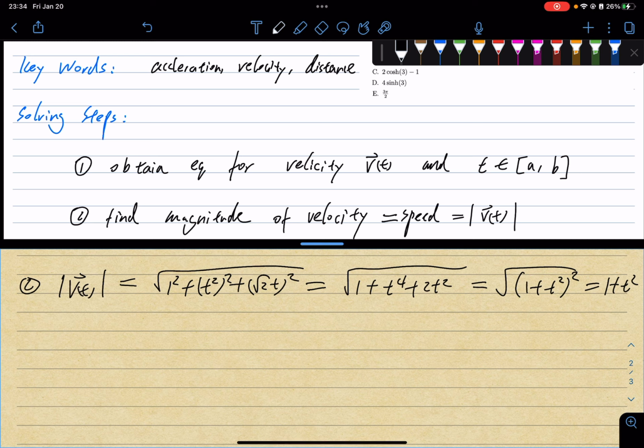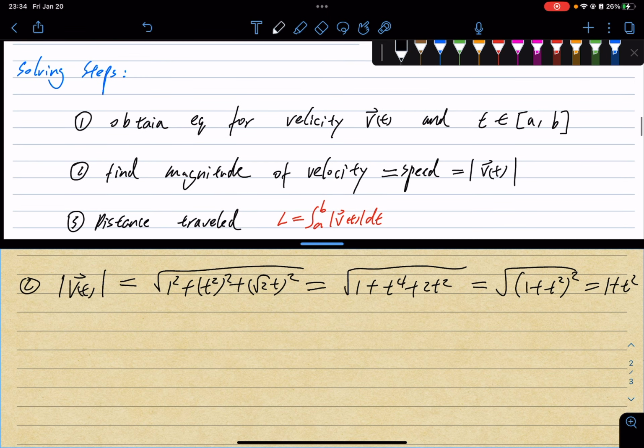Now we have step 2 done, and step 3 is just applying the equation for distance traveled. The length of distance traveled is the integral from a to b, and we have already identified a and b as 0 to 3. The integrand is the magnitude of the velocity vector, the speed, 1 plus t squared dt.